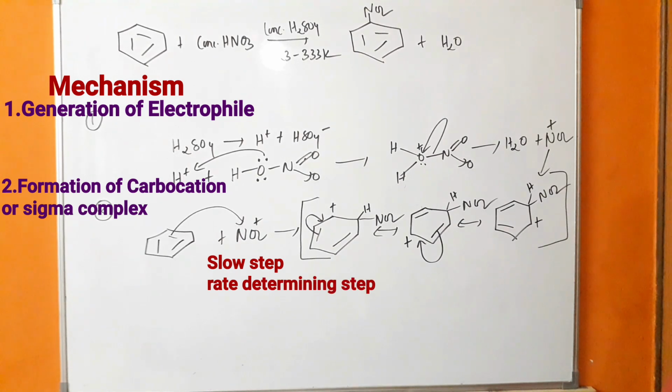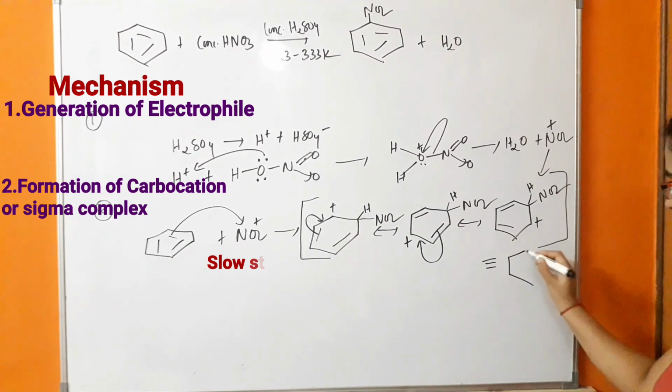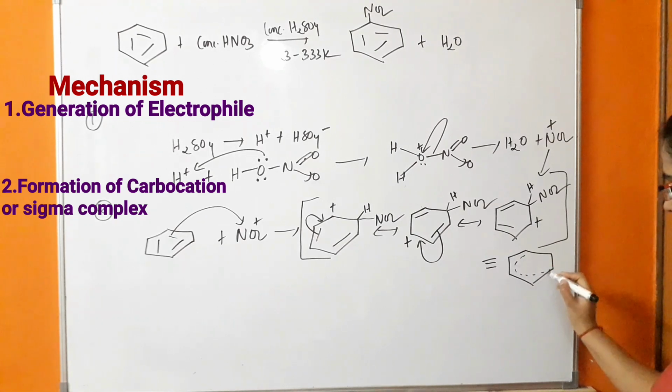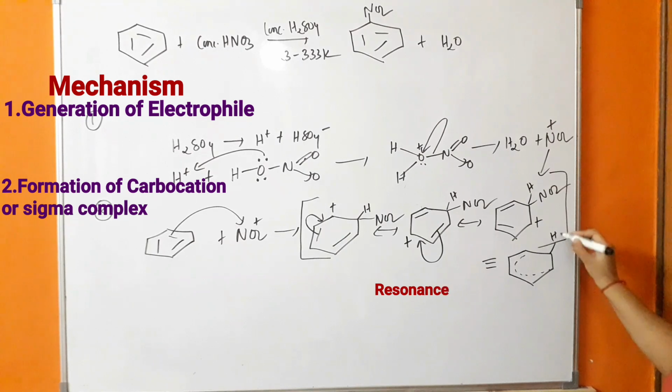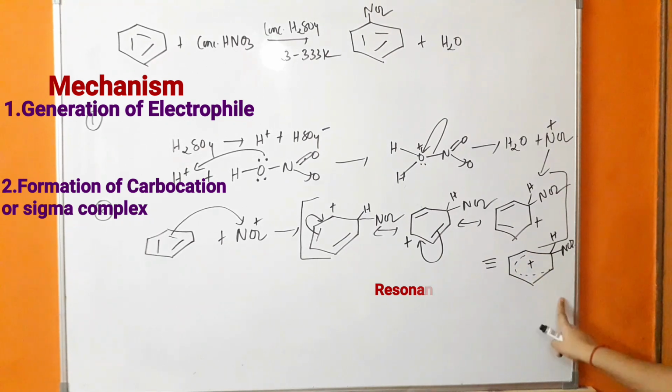It means partial stabilization. So the resonance hybrid which will be formed has partial stabilization from this carbon position to this, and one hydrogen is present on this and NO2. So there is partial delocalization of this positive charge. So this is the resonance hybrid.